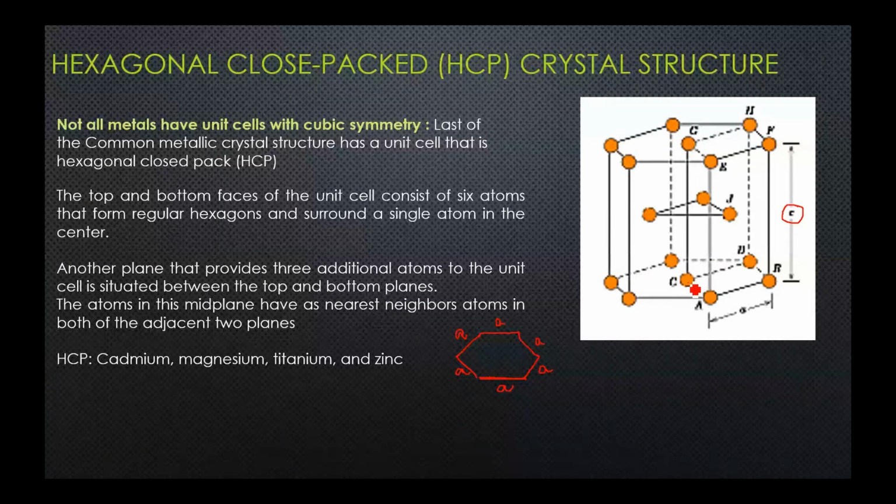So from the basal plane, the height of the hexagon is defined by the lattice parameter which is termed as C. So for hexagonal crystal structure, you need to have the information about the lattice parameters A and C. Clear enough? So far, is it clear?